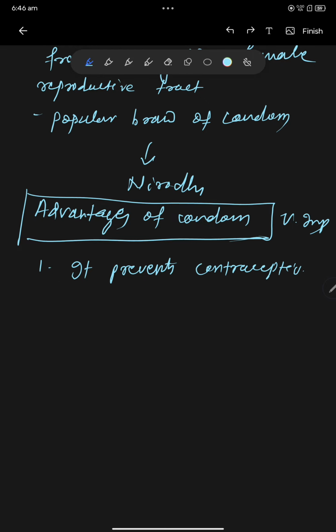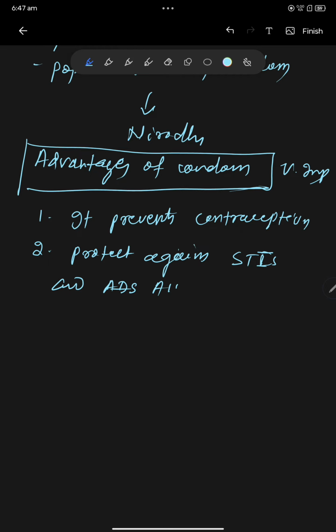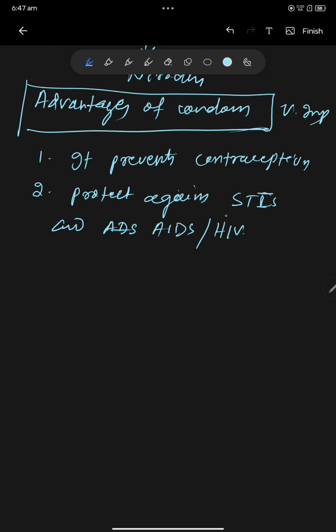The most important thing it does is protect against STIs, sexually transmitted infections, and AIDS, HIV.